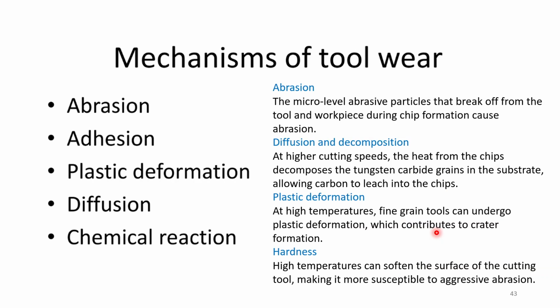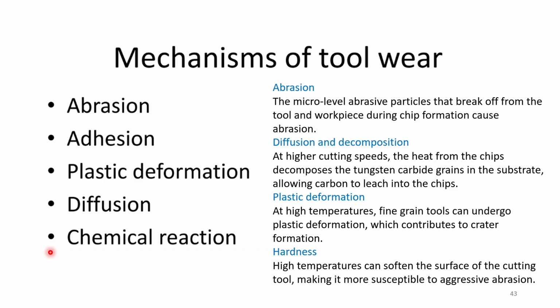Next is mechanisms of tool wear. Okay, so these are the 5 mechanisms. There can be abrasion, adhesion, plastic deformation, diffusion, and chemical reactions between the workpiece and tool.